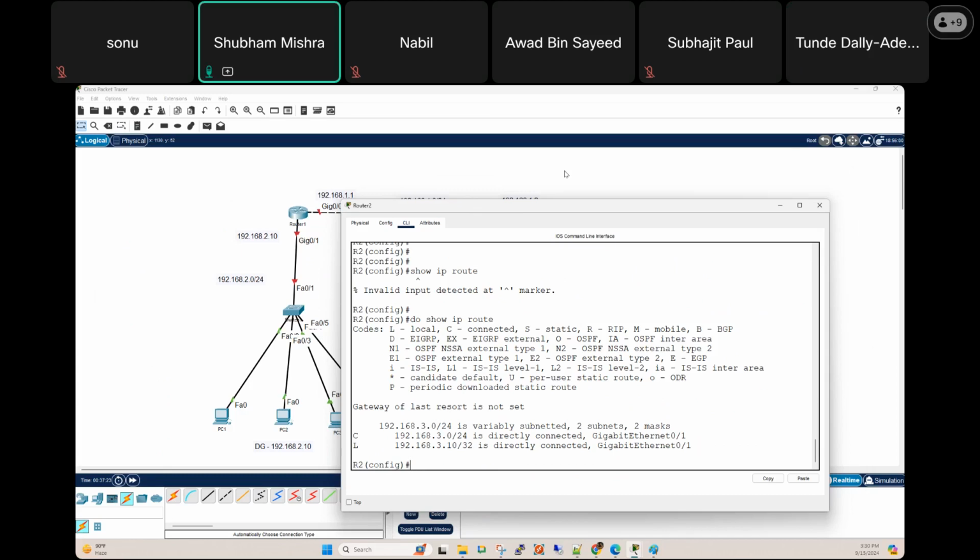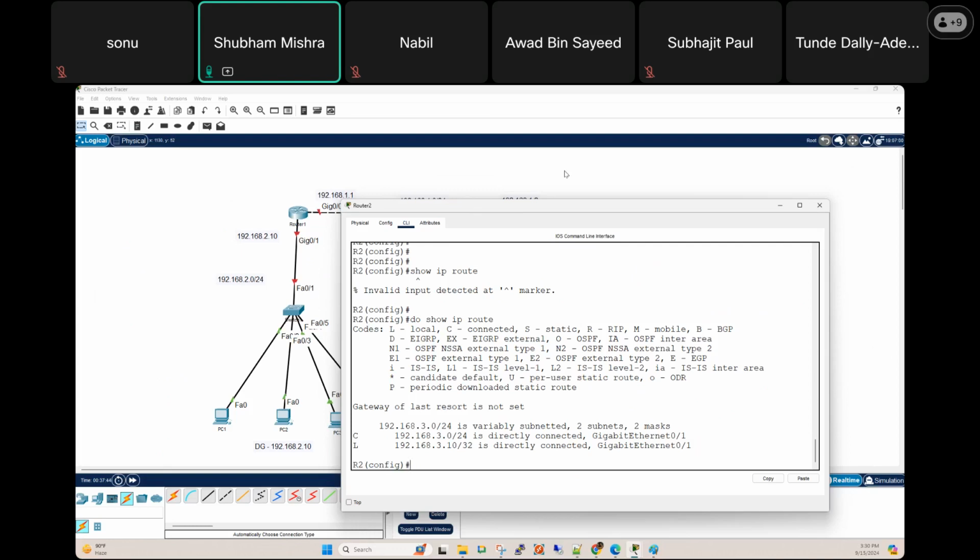Privilege mode is meant for when you want to check anything, debug anything, or test the result. The actual use of global configuration mode is for the configuration part only.